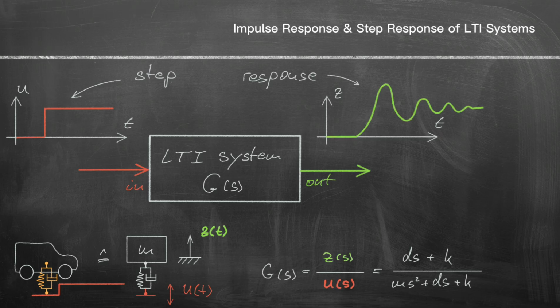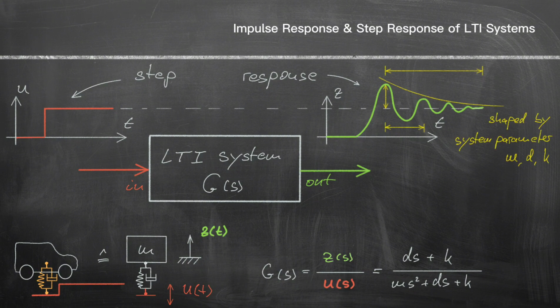Does the system start to oscillate and possibly become unstable, or does it return to a stable state after a certain time? How much does the vertical motion overshoot beyond the excitation level? All of these questions can be answered using the impulse and step responses. The system response is shaped by the system parameters like mass, damping, and stiffness parameter and their ratios.